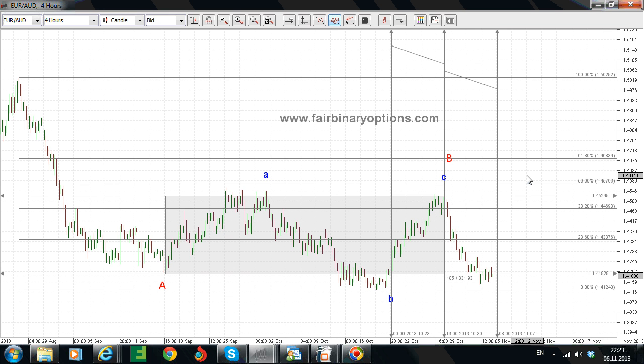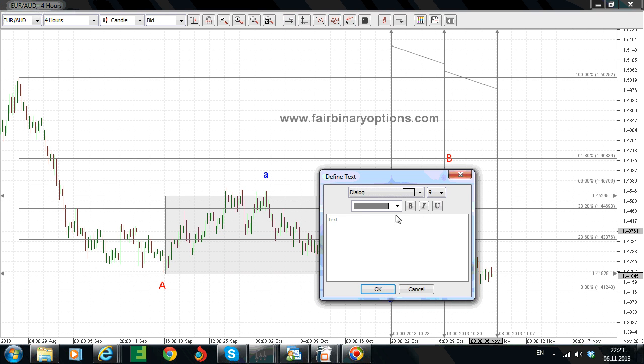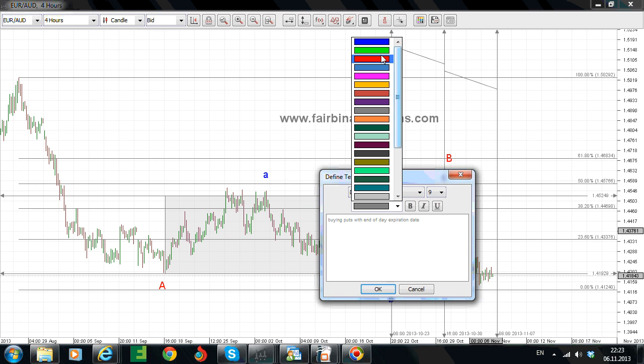So basically on the 7th of November, end of day expiration date for buying puts here. So let's just say that we are buying puts with end of day expiration date for our scenario here.